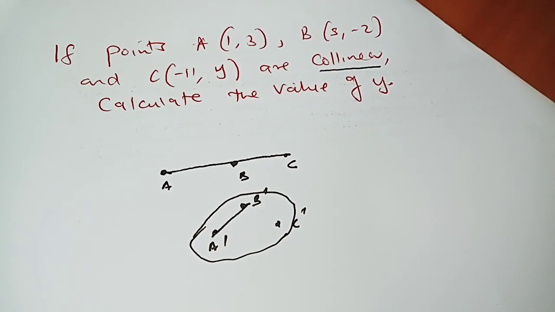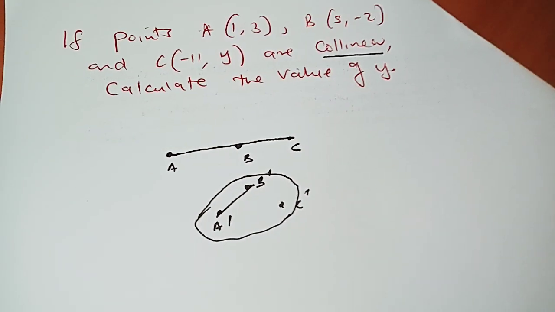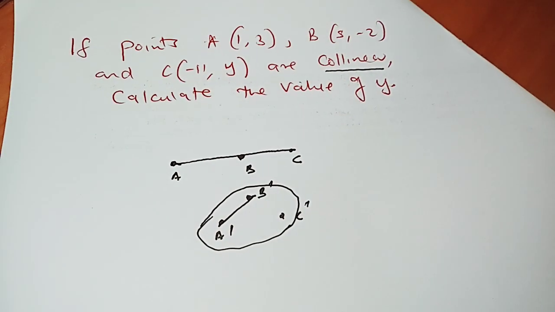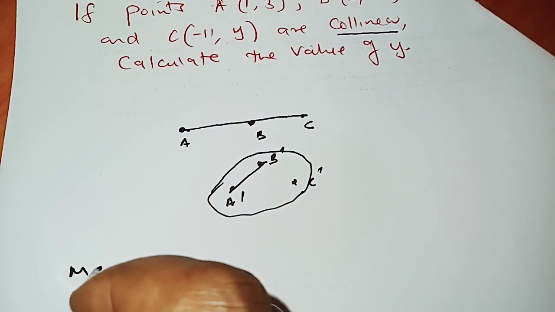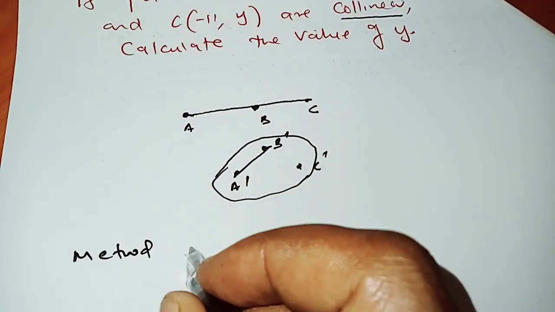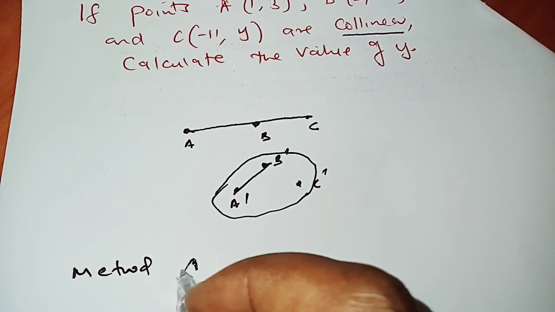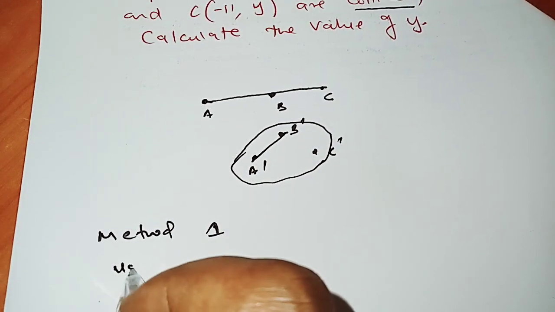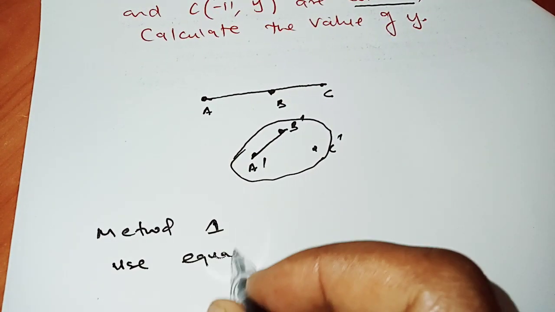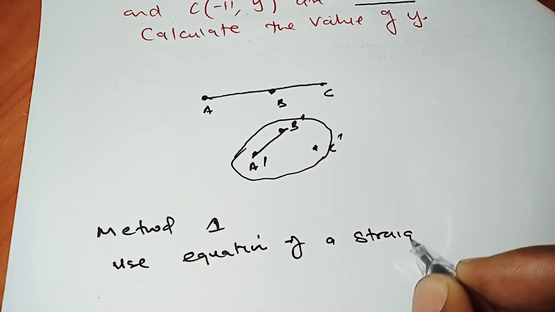Now for us to test for collinearity, there are 2 ways of testing collinearity. I'll do the first method of doing so. And the first method here is going to include the method of using the equation of a straight line.